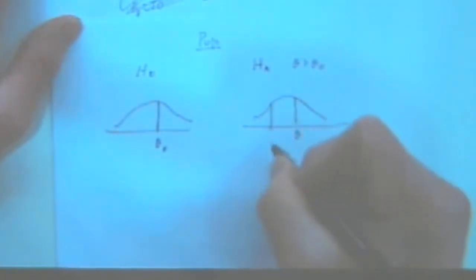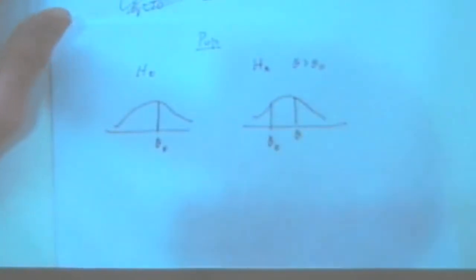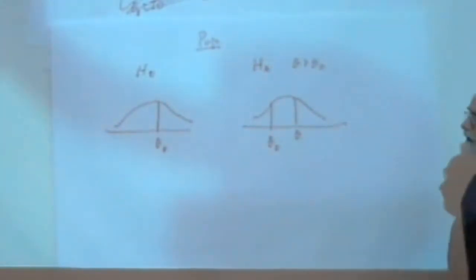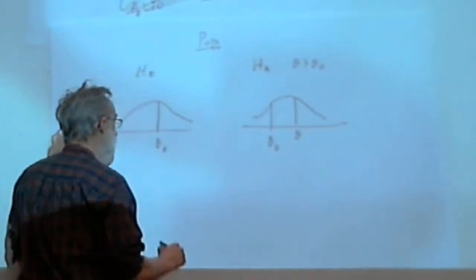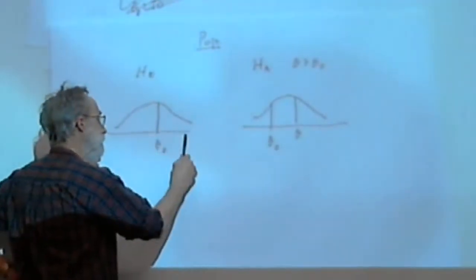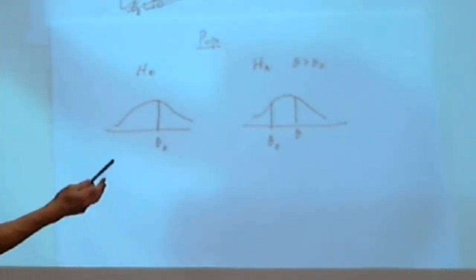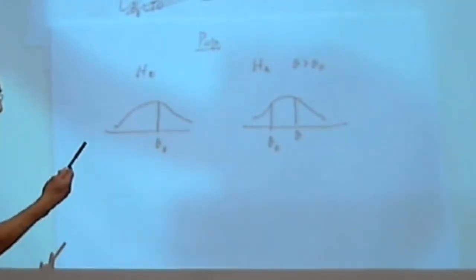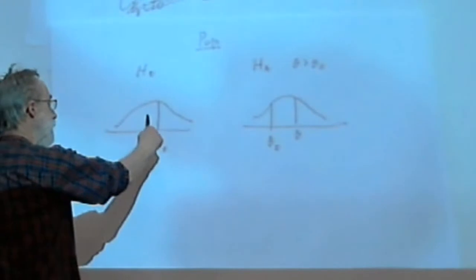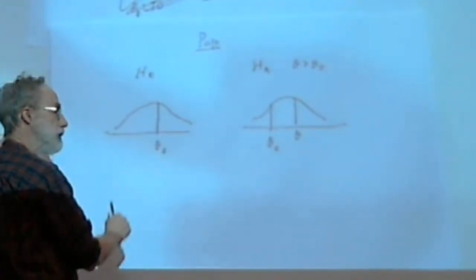Here's theta. Now, if H naught's true, this is where you're sampling from. About half the data is greater than theta naught, about half the data should be less than theta naught. It's the median. Right? Half the time, the probability here is a half.